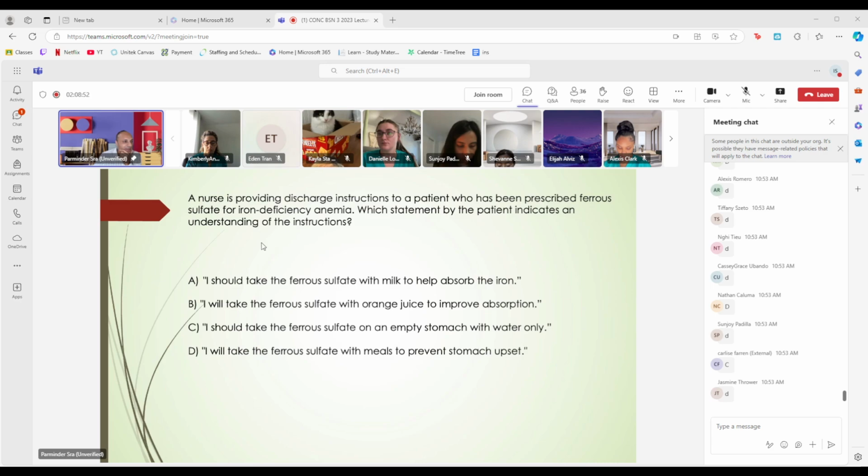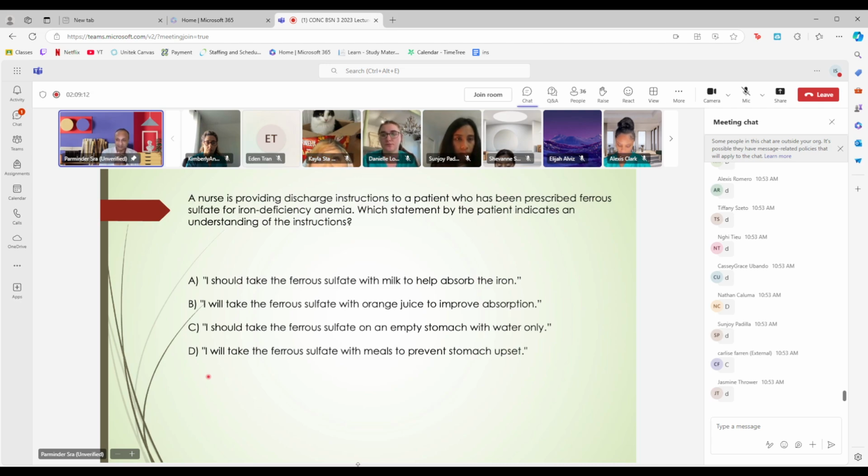Okay, majority if you answered D, but let me clarify something here. The patient has iron deficiency anemia, so they will be given an iron product, which is ferrous sulfate, right?